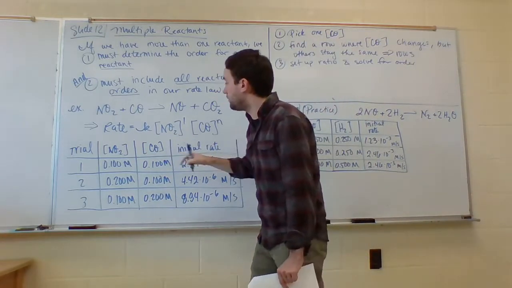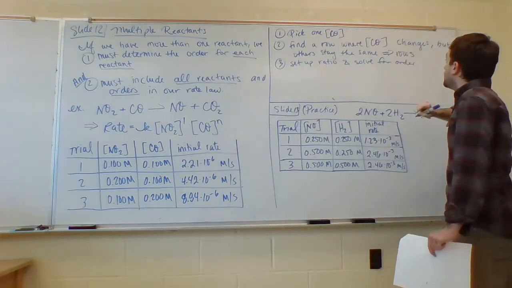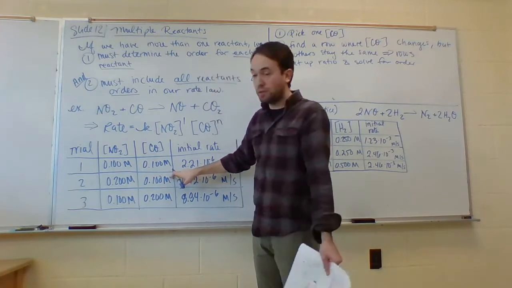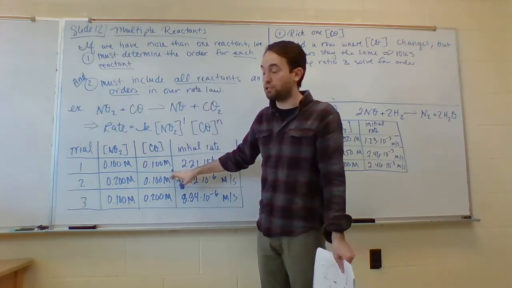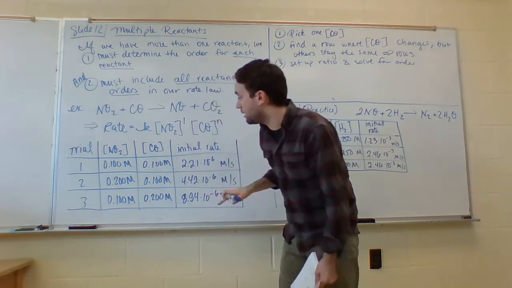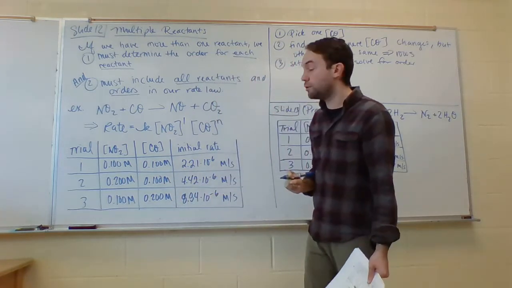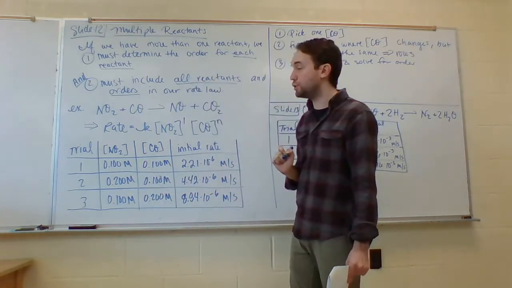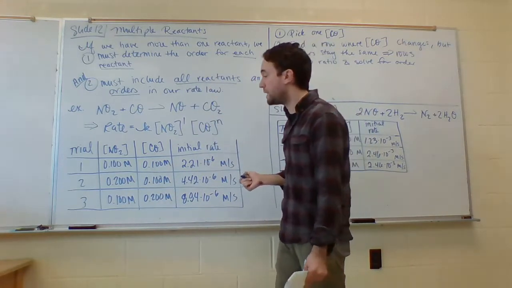Notice that for 1 and 2, I didn't change my concentration of CO. Well, let's try 2 and 3. My concentration of CO changes, but so does my concentration of NO2. So I can't use that one either.